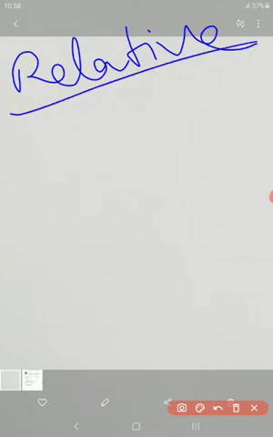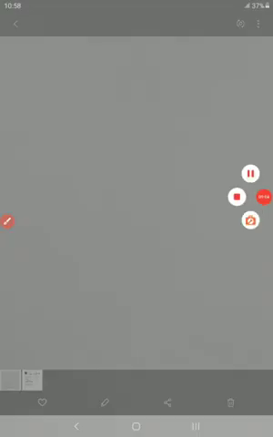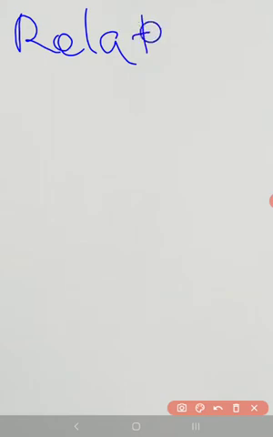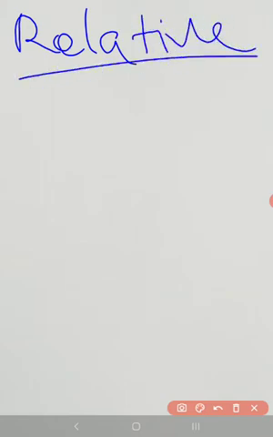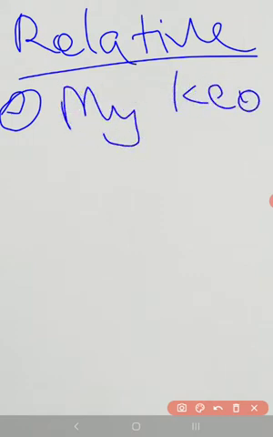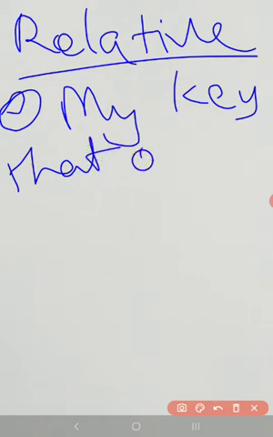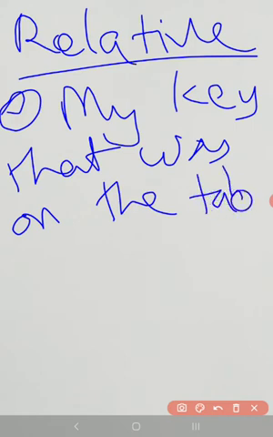Another example I will give for the relative clause. Second example: my key, that was on the table, is missing.